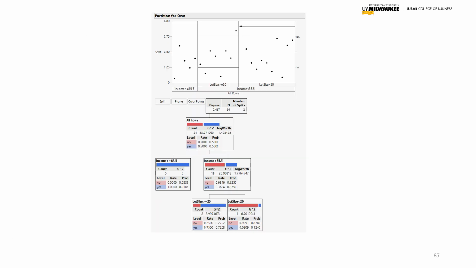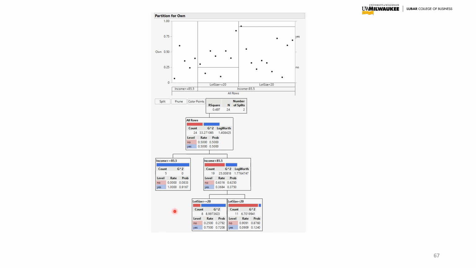Let's see what happens when we split again. We see that the split occurs on the lower income node, namely incomes less than 85.5. And what comes into play is lot size.